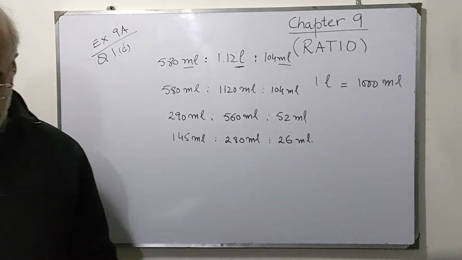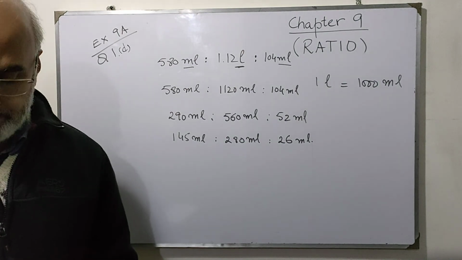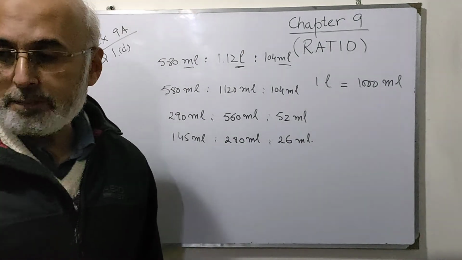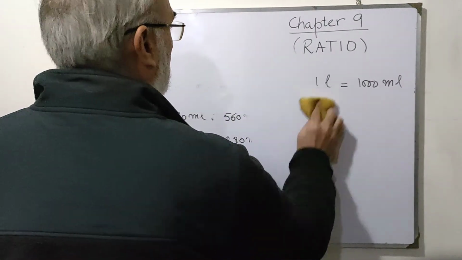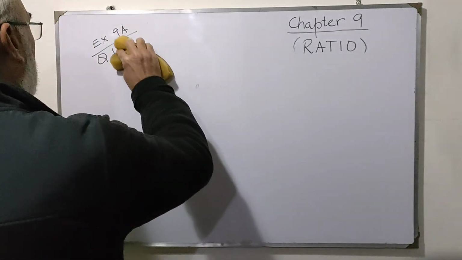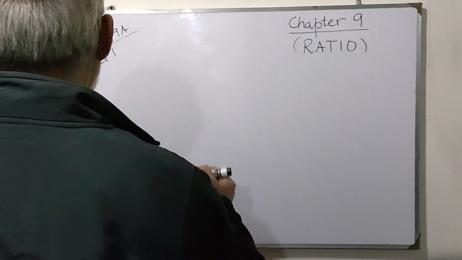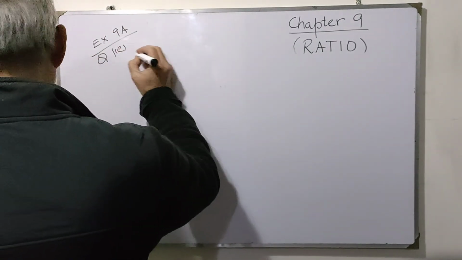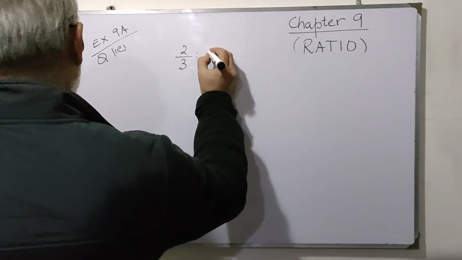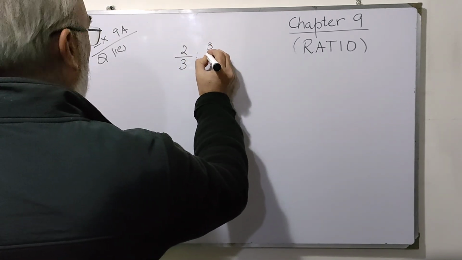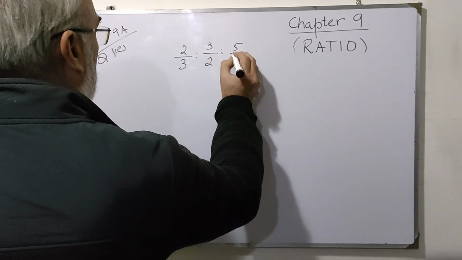Now let's take one more part from the same question. I'm going to do part E, which is 2 over 3 is to 3 over 2 is to 5 over 8.